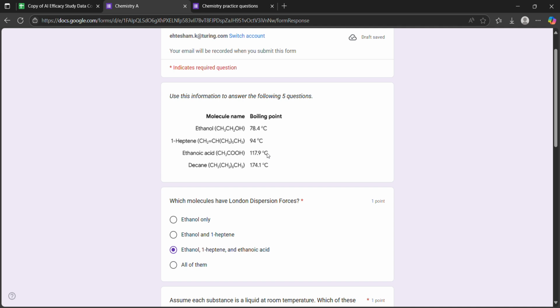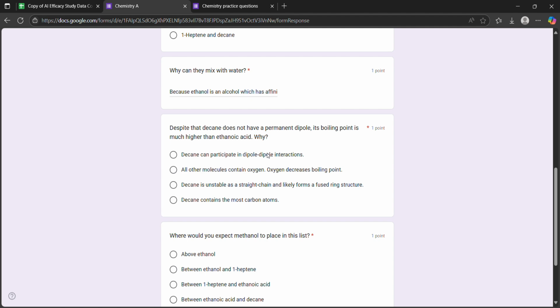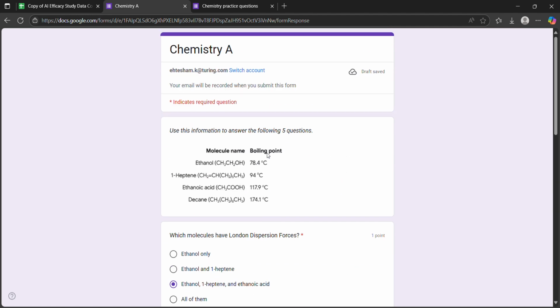Hmm. I think ethanoic acid has only two carbon atoms, and decane has one, 8, and 1.